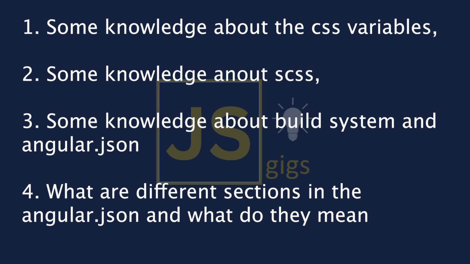At the same time, some knowledge of the Angular build system is also required. However, I will give you a quick walkthrough of what components would be changed and how you would be able to do that. You would also need some understanding of angular.json, to understand what really functions there, how the configurations differentiate from one another, and how they work.